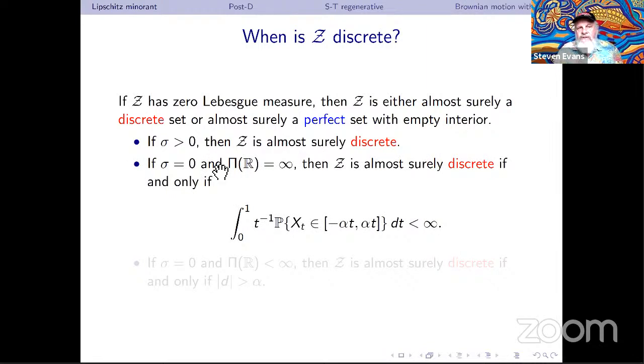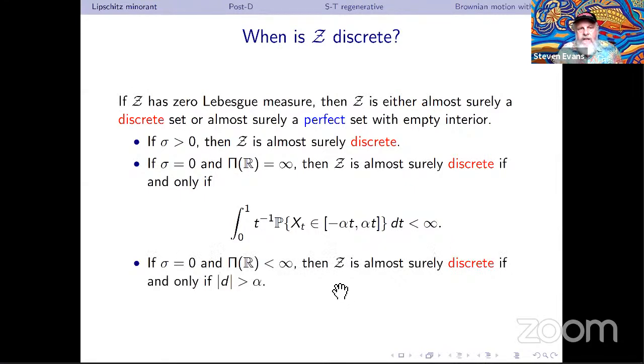If the Brownian component is trivial and the Lévy measure has infinite mass, then Z is almost surely discrete if and only if this integral here is finite. And if the Brownian component is trivial and the Lévy measure is finite, then Z is almost surely discrete if and only if the drift term has magnitude greater than alpha.